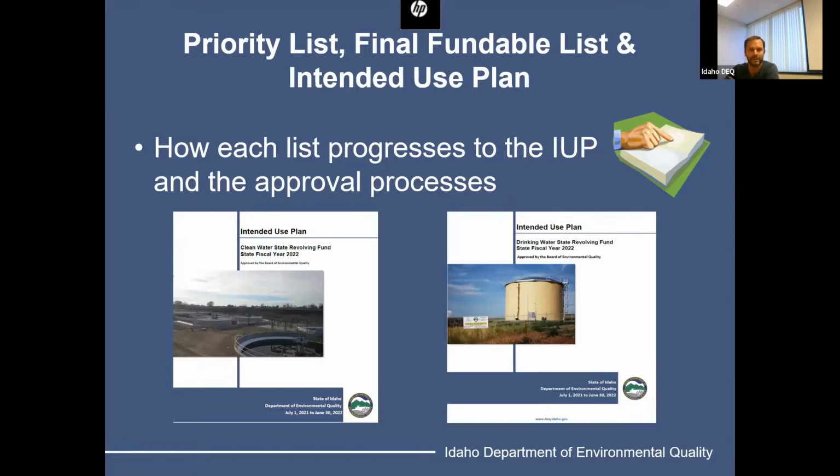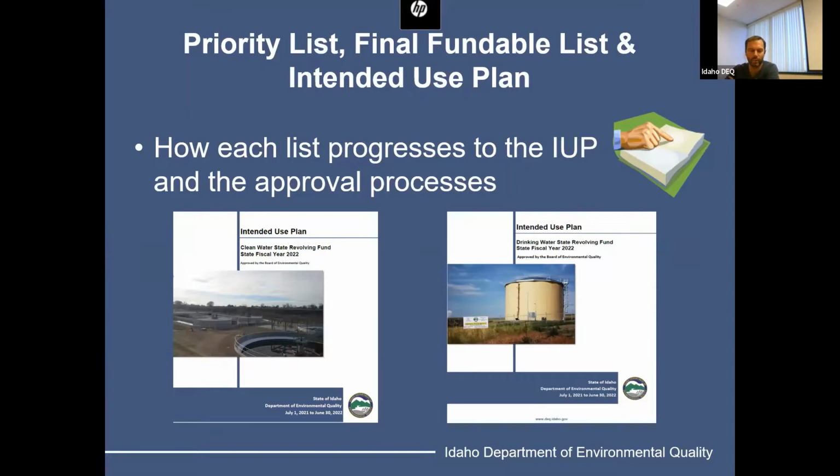And so that readiness to proceed kind of plays a big factor in our ranking and our rating process. So the first step is just ranking them from severe issues down to minor issues, but there can be some adjustments based on readiness to proceed.